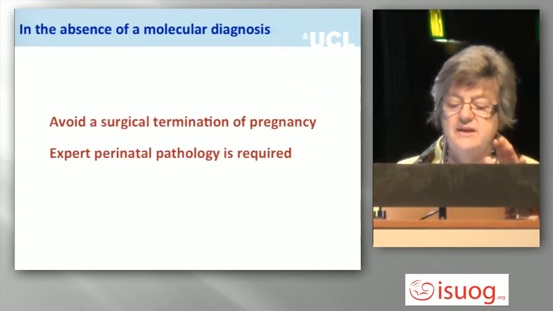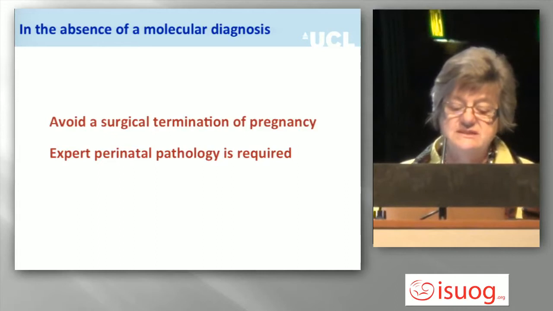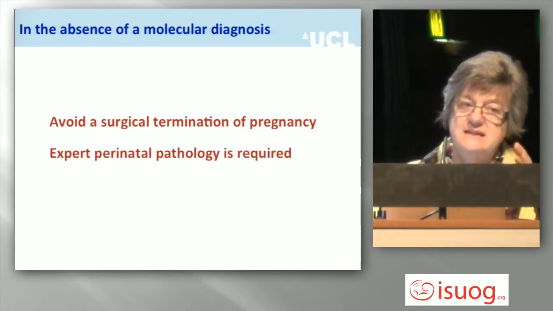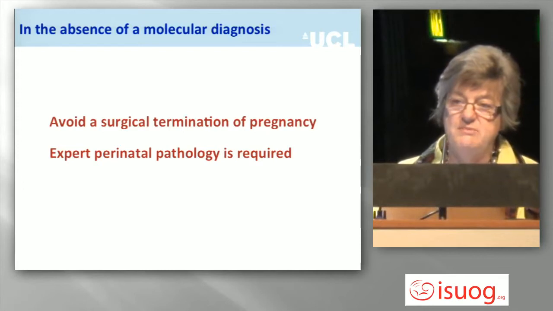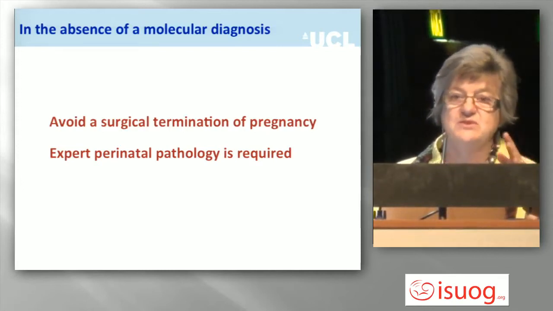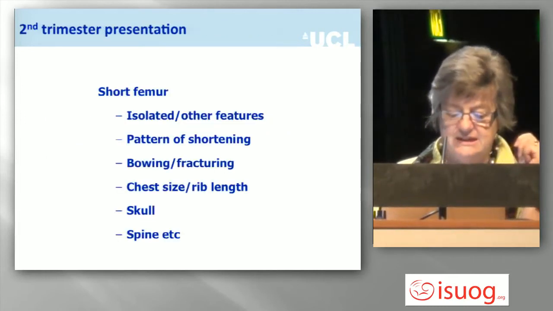So in the absence of a molecular diagnosis, one of the messages I would like to get across today is that in the first trimester we should avoid a surgical termination of pregnancy if possible, because expert perinatal pathology is required. And I do emphasise the word expert perinatal pathology. Not all babies with short limbs have achondroplasia, for example, so you do need expert attention here.